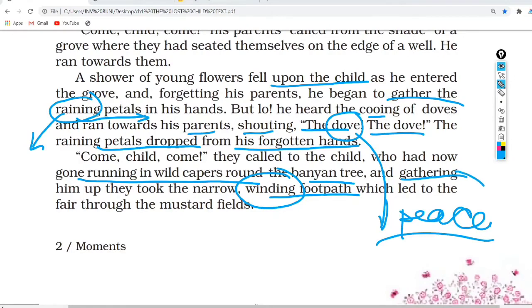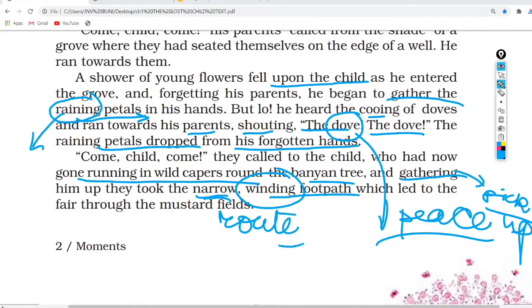So first they picked up, gathered means pick up, the child who was attracted by the dove, and after gathering the child they took a very narrow road, it's called route, R-O-U-T-E, route, which was windy also, means which was very zigzag.